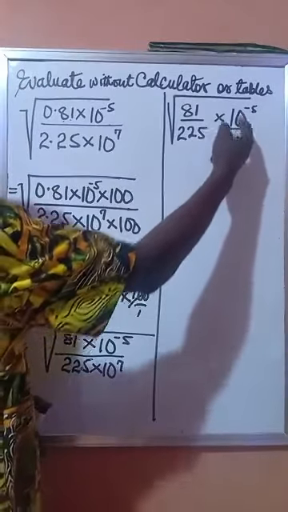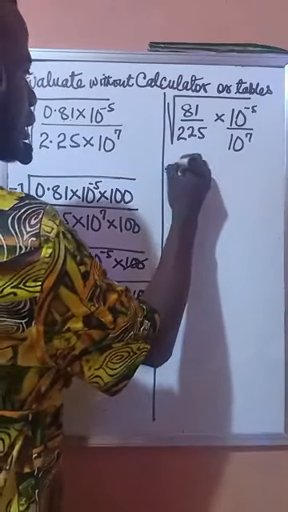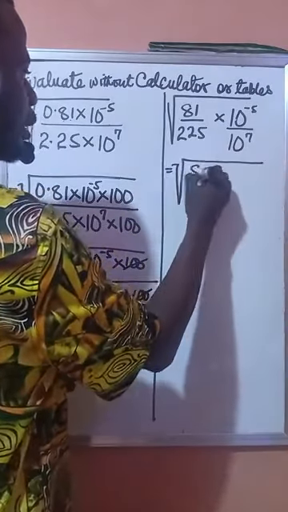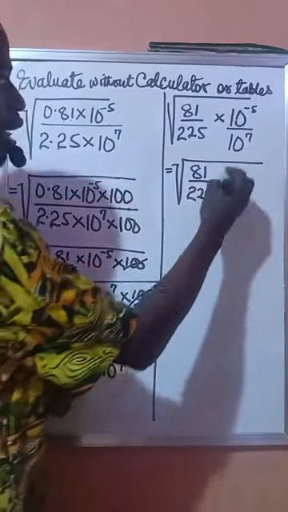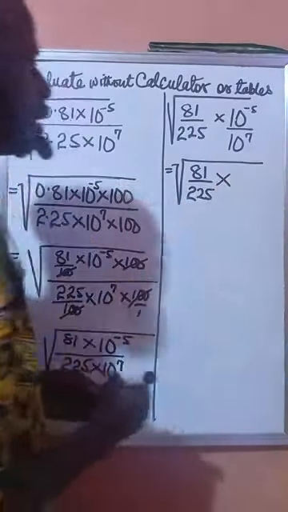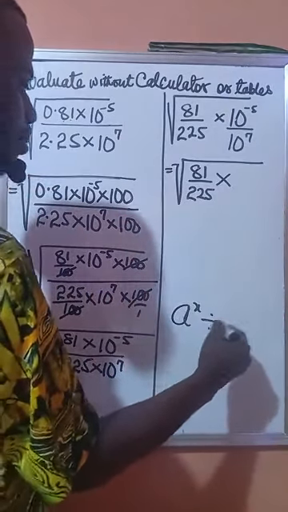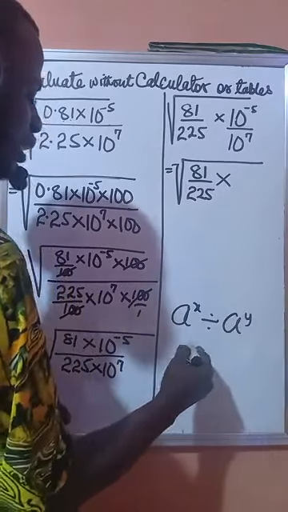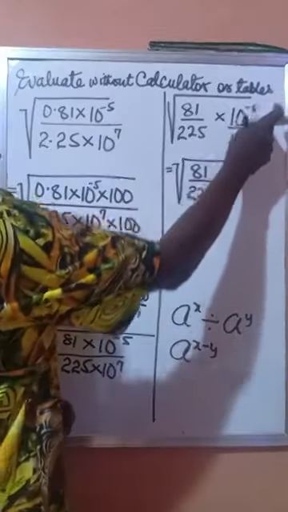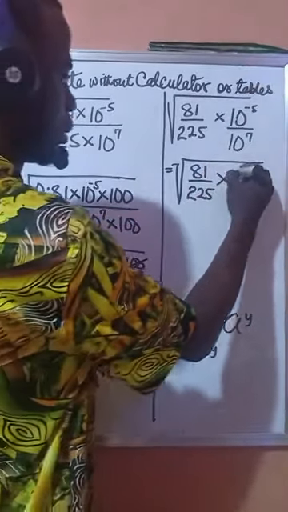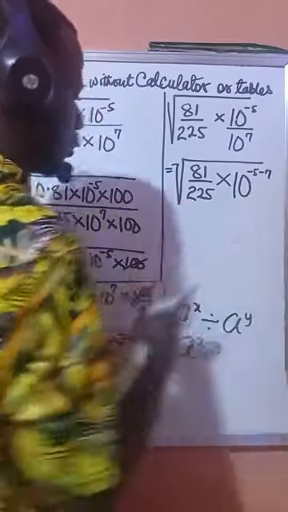Since they have the same base, now in indices, if you have a raised to the power x divided by a raised to the power y, you can write this as a raised to the power x minus y. In that case, we can apply it here: times 10 raised to the power minus 5 minus 7.